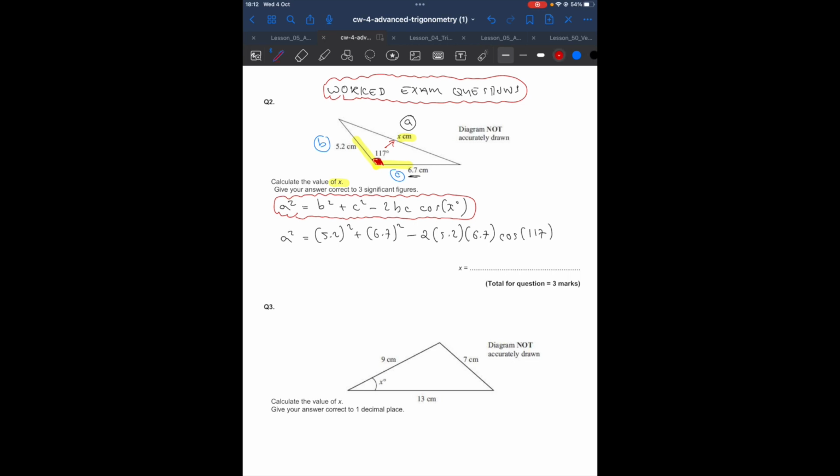Once we've written that, this is the working that you need to show the examiner. You type in the right-hand side of this equation. So you type in the whole of the right-hand side into your calculator.